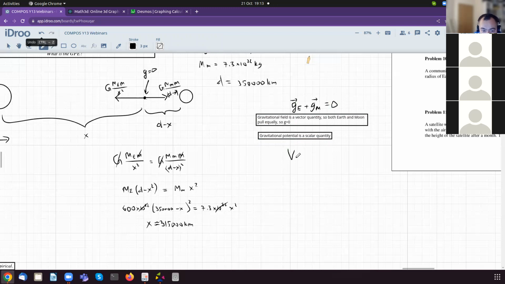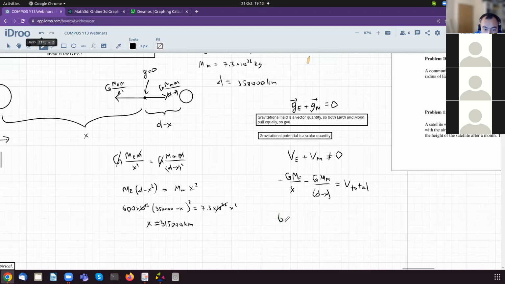But the potential from the Earth plus the potential of the Moon is not 0. As a matter of fact, the potential of the Earth is minus G mass of the Earth divided by, in this case, x, minus G mass of the Moon divided by d minus x. Not squared, just like this. And that's the total potential.